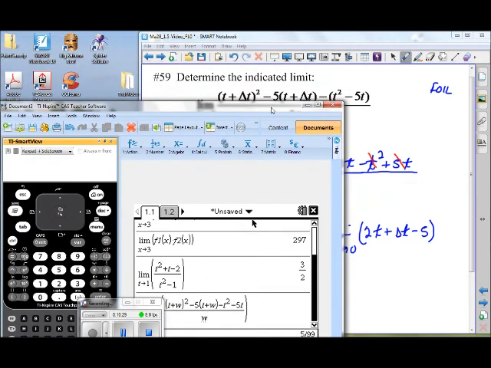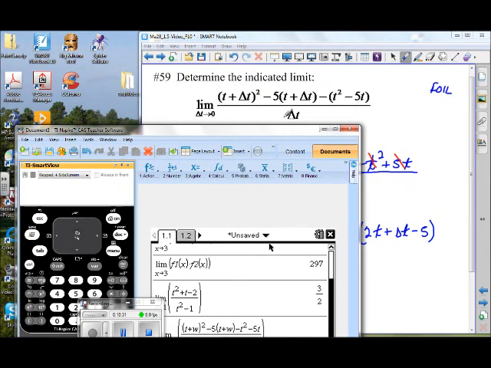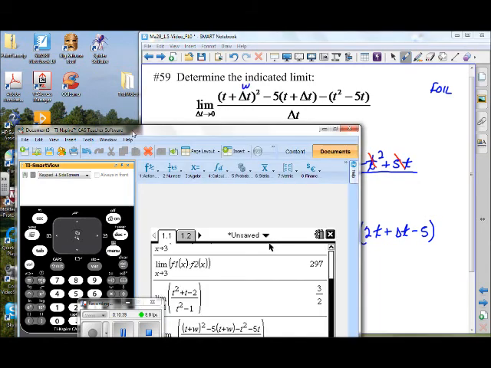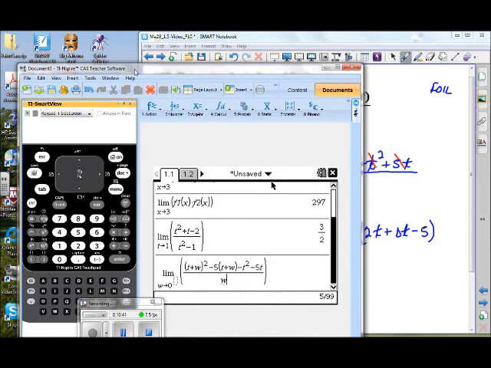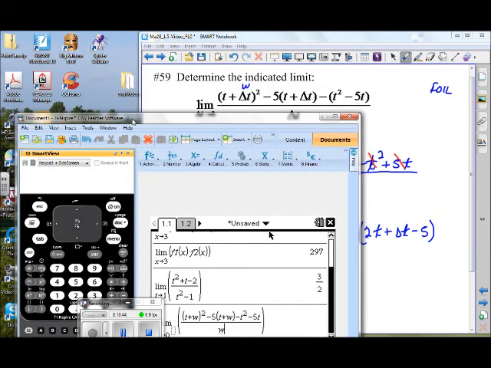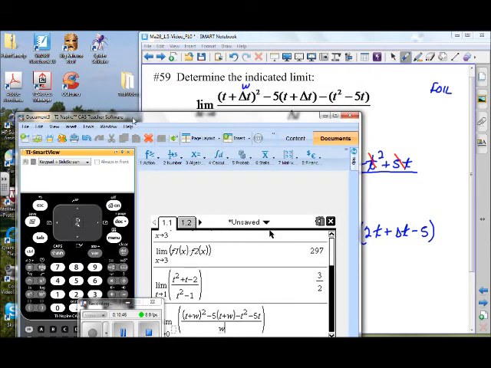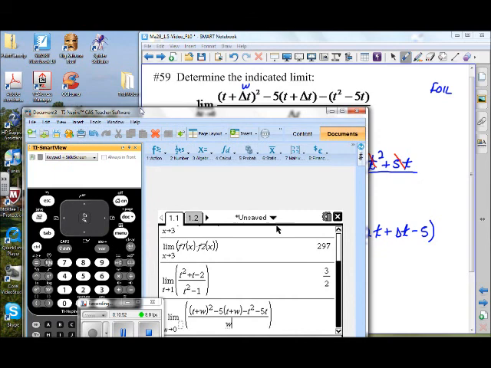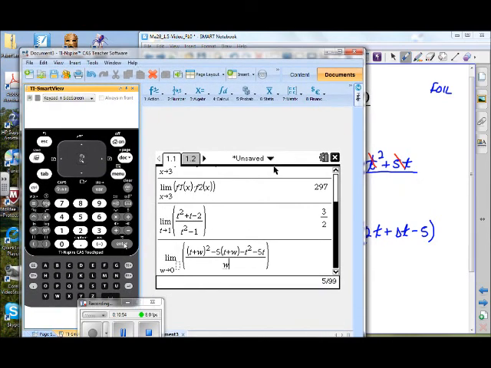Again, let's take a look at that. What I'm doing is, in place of delta t, I'm using a w. And so every place I see a delta t, I'm going to have to put a w. So w approaches 0, yes. T plus w quantity squared, 5 times the quantity t plus w, minus t squared minus 5t, divided by w, and we'll say enter.